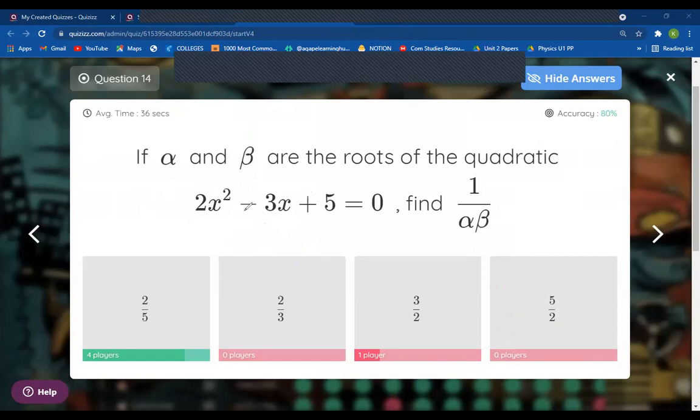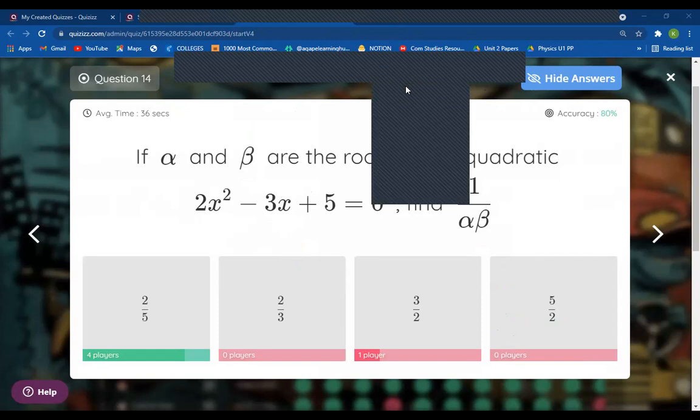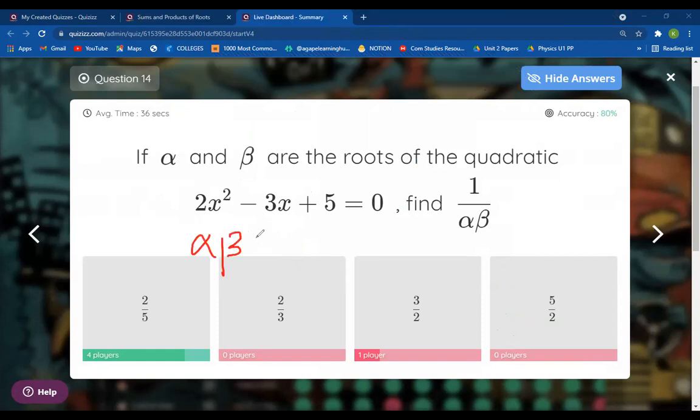2x squared minus 3x plus 5 is equal to 0. Find 1 on alpha beta. So remember, alpha beta is equal to c on a. So what's c in this case? Anybody tell me what's c? 5. On a? 2. Right. 5 on 2. So if I wanted 1 on 5 on 2, that means the same as 1 divided by 5 on 2.